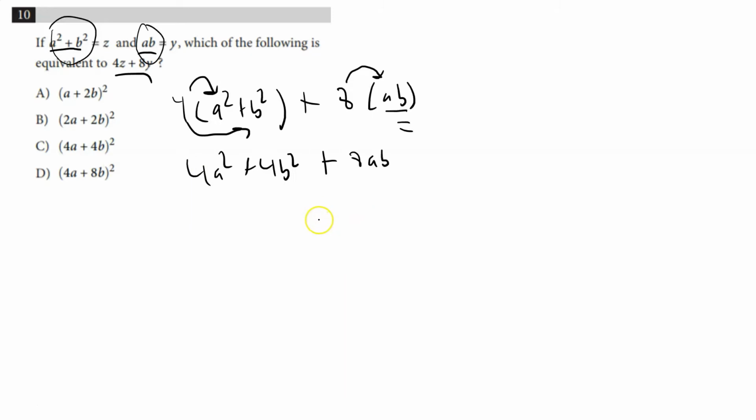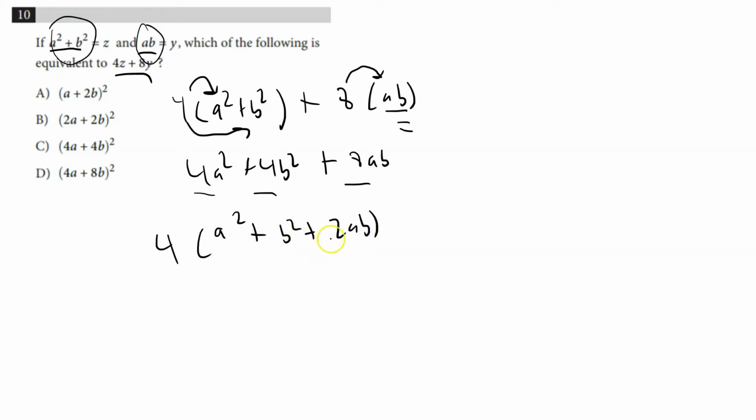So what do we do? Well, I noticed that we could factor out a 4 here. It's simple. It might not be the most drastic algebraic step, but it changes what we have now. So 4 times a squared plus b squared plus 2ab.